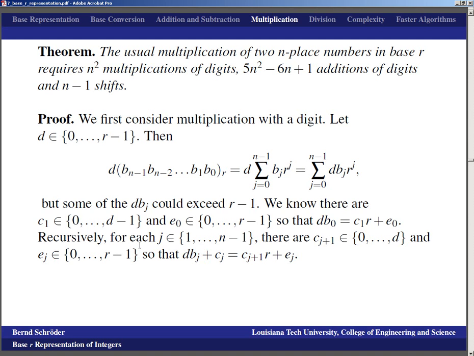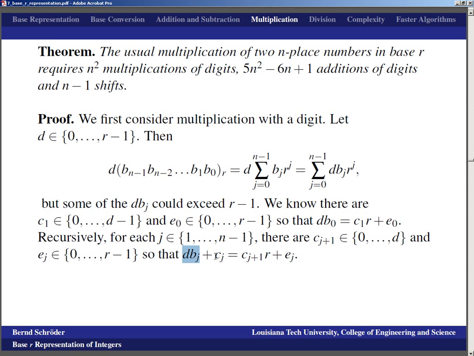And so recursively, that means that for each j, we have that there is a cj plus 1 between 0 and d, and an ej that is a remainder, so that dbj plus cj is just cj plus 1 r plus ej, because what we're now doing is, of course, taking the digit plus the carryover, and now the carryover could give us another wraparound.